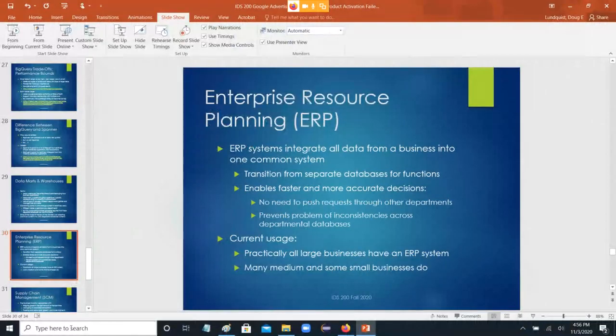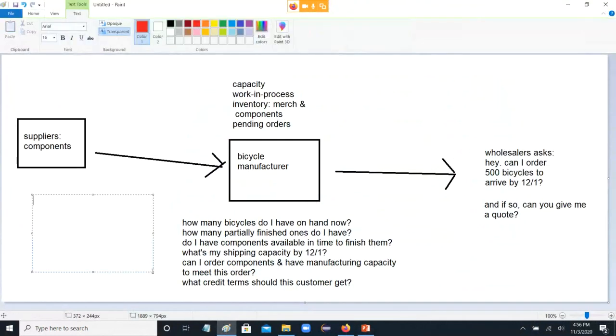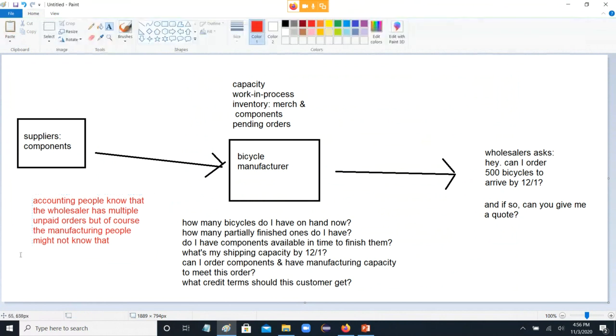Okay, so for example, we want a concrete example of how one department could differ from another. Here's something. The accounting people know that the wholesaler has multiple unpaid orders, but of course, the manufacturing people might not know that.